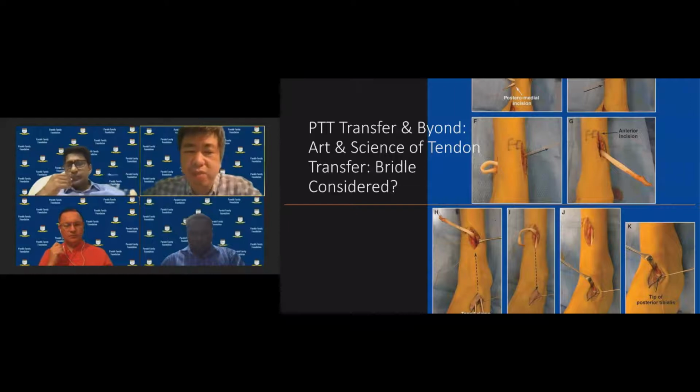The PTT transfer, I did at the second stage, and I used it. Sometimes you can use a variation of the Bridle procedure for balancing your tendon transfer. This is very cool, and it's good to show your residents what you can do. Now, I've learned that in patients with long-term deformity, the bone quality is not as good, so the tenodesis screw sometimes pulls through.